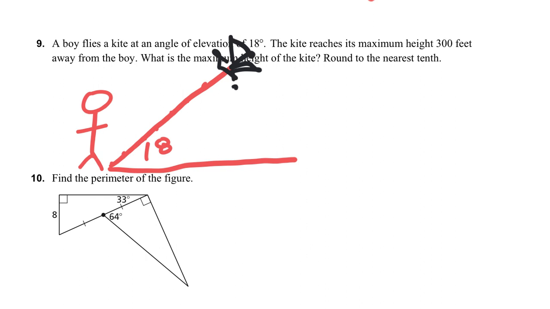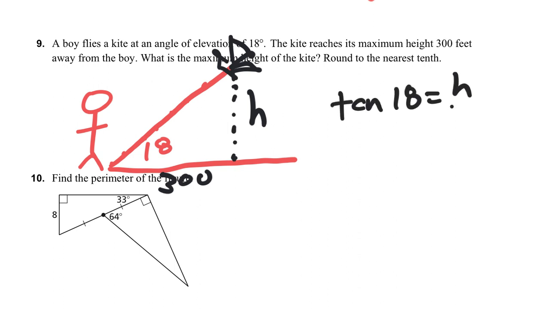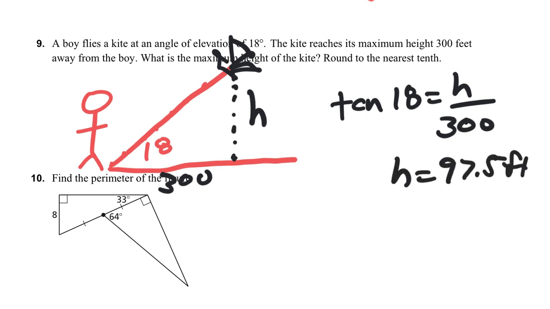My height is 300 feet away, and we want to know the height of the kite, which is the h here. So I have opposite and adjacent. I can say tangent 18 equals opposite, which is h, over adjacent, which is 300. Multiply both sides by 300, round to the nearest tenth, and the height is about 97.5 feet.